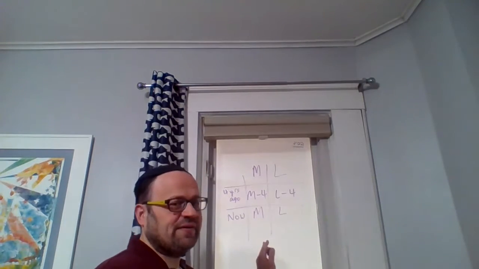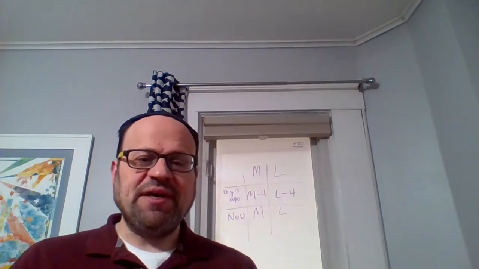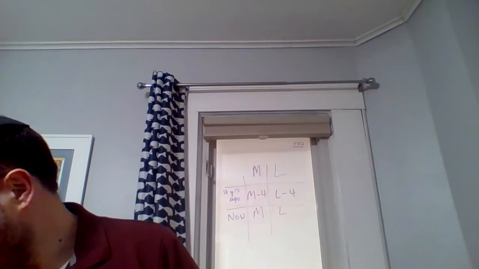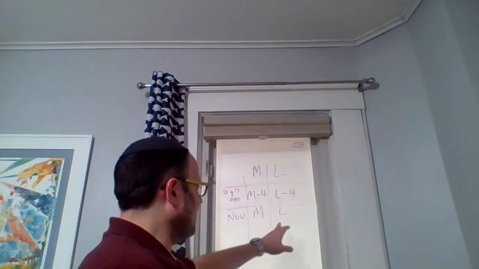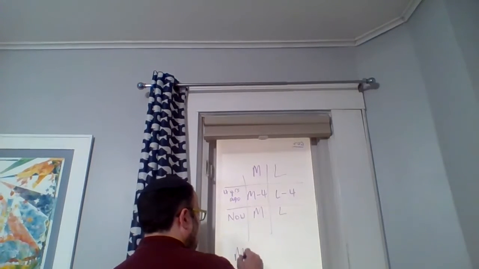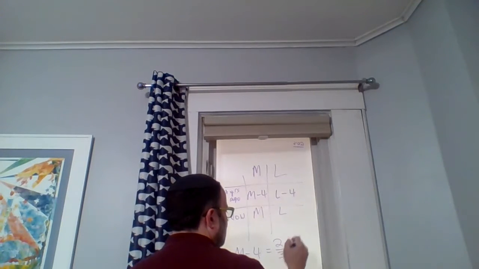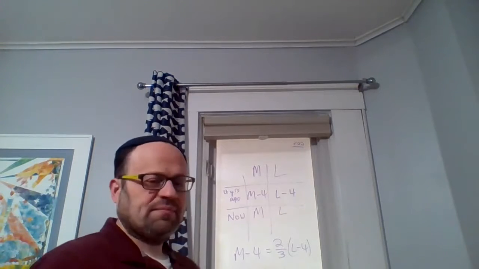We have our chart. Now, if we come back to the wording of the problem, we'll be able to generate our equations because there's some information that we didn't use yet. It says 4 years ago, Marianne was 2/3 as old as Lester was. So 4 years ago, M minus 4 equals 2/3 (L minus 4).